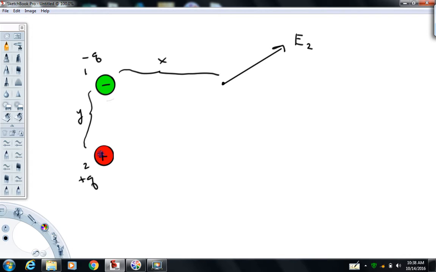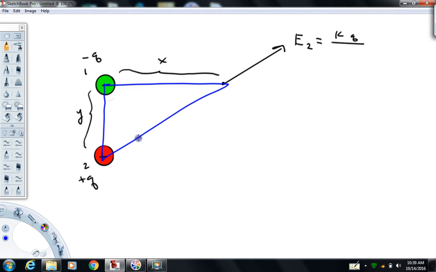Now, before I move on and even deal with charge 1, I'm going to go ahead and write out an expression for this electric field. So remember, the electric field is equal to kq over r squared, where r is the distance from the charge to the point. So this is going to equal kq over, now what I need is this distance squared. Now, if I look at this triangle right there, this leg is what I'm calling x, this leg is what I'm calling y.